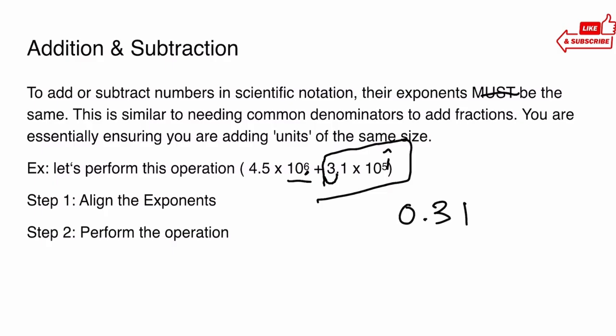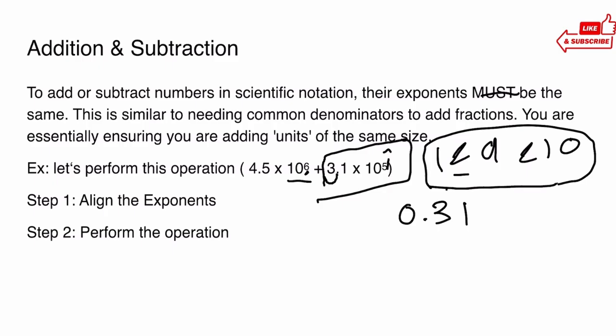You might ask yourself, this doesn't fit the criteria that 1 must be less than or equal to a, which must be less than 10. That is true, and that is actually all right to do when you are in the process of addition or subtraction. This criteria will only matter for your final answer. Since you are in the middle of your operation, you can absolutely do this.